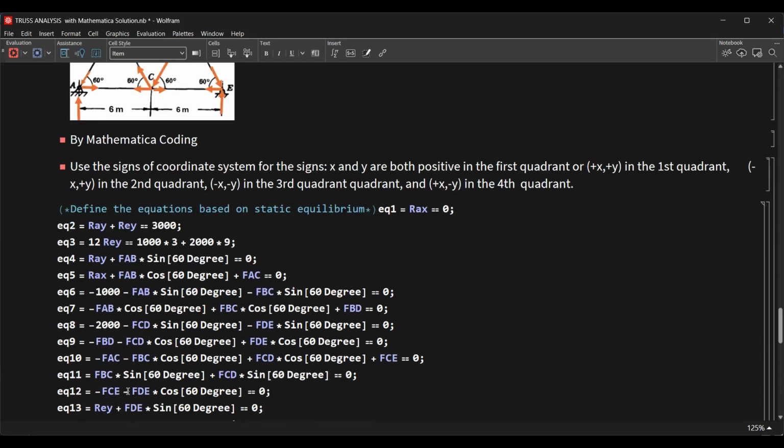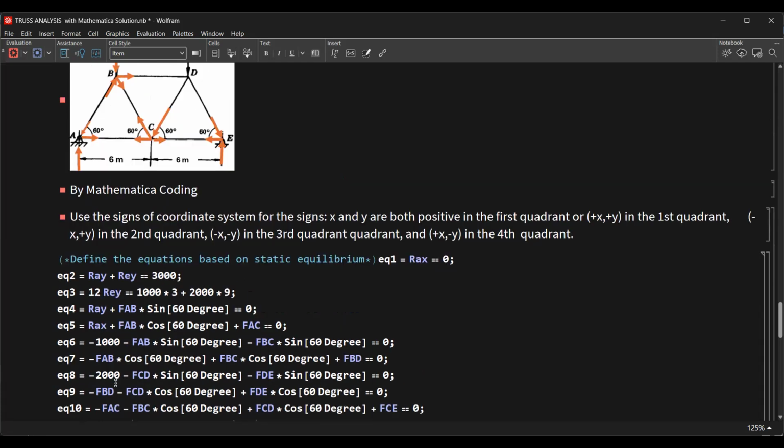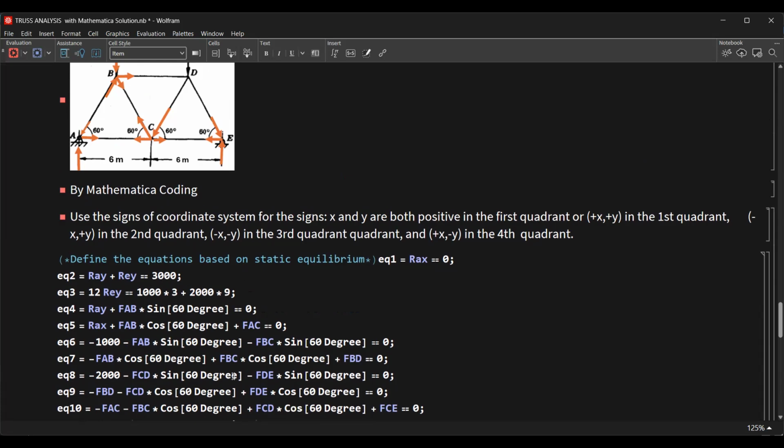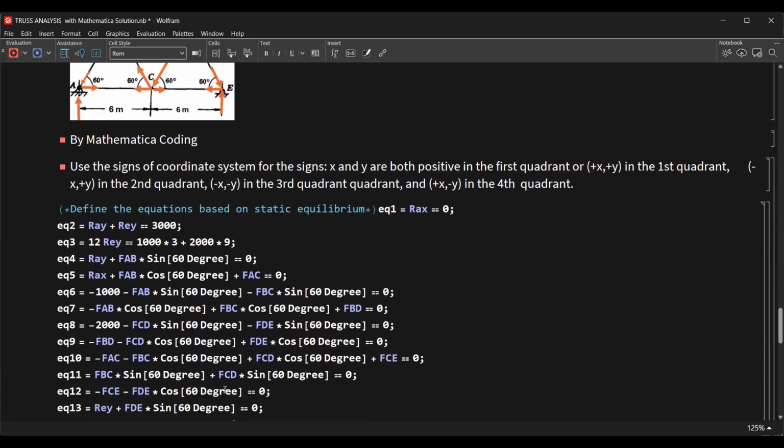Then for equation 11, FBC is positive, the Y component, then FCD is positive also, and that is equal to 0.